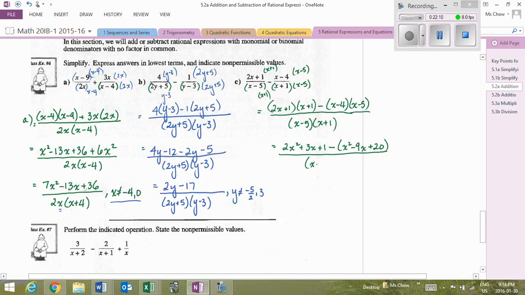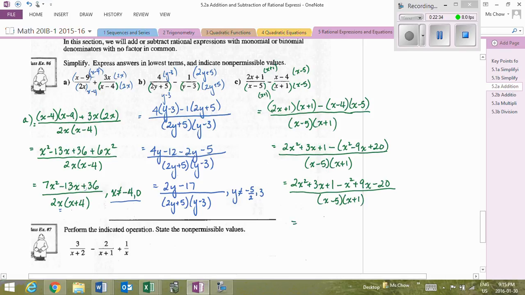So you've got x minus 5 times x plus 1, and so then that is 2x squared plus 3x plus 1 minus x squared, now plus 9x, because I'm distributing that negative in, minus 20, all over x minus 5 times x plus 1.